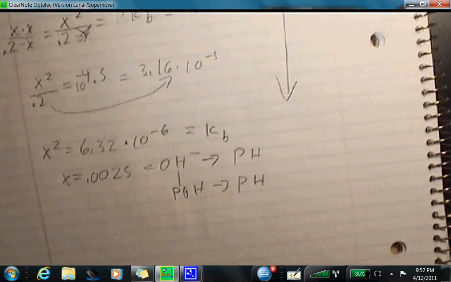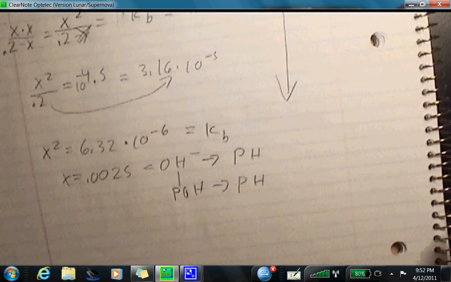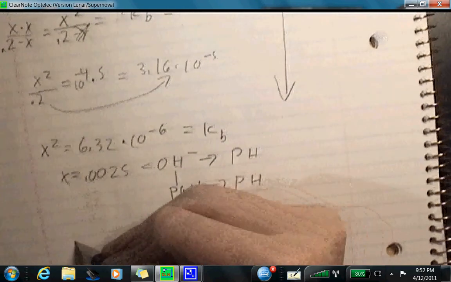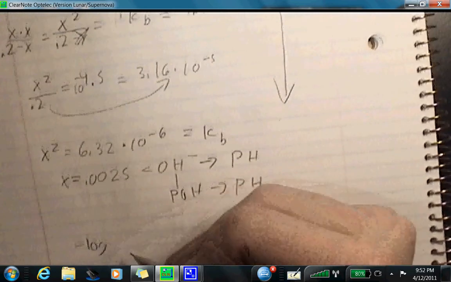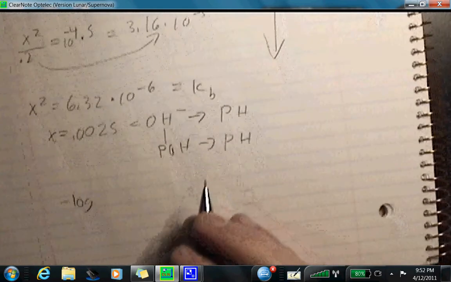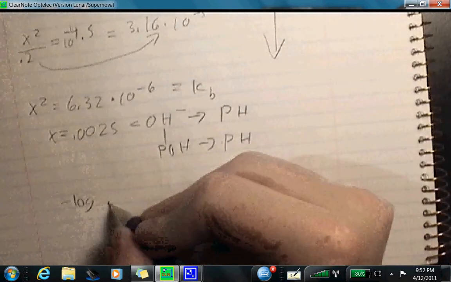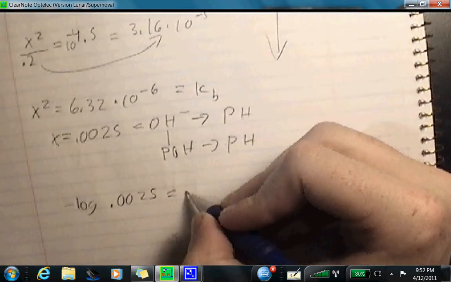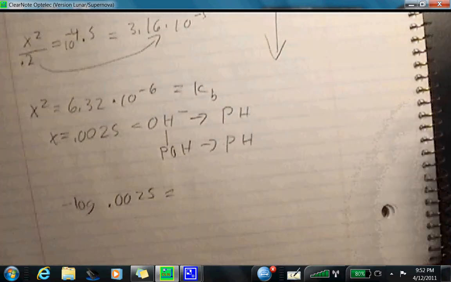So first we're converting to pOH, which is going to be the negative log of the answer. The negative log of 0.0025 is going to equal 2.6, I believe.